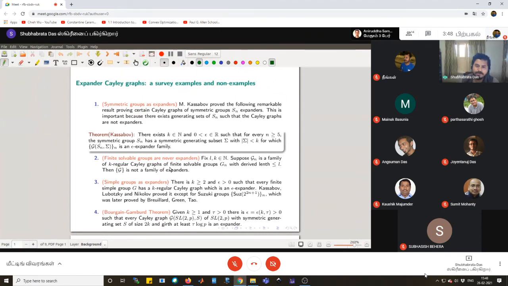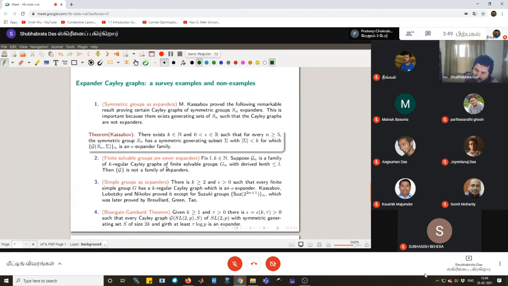Now these groups, finite solvable groups, are amenable groups, and we can use the same method to prove that they cannot give rise to expanders. Or there are other probabilistic proofs available for this kind of situation, where people say that if we start a random walk on these groups, which are of increasing size, then there is a characterization for amenable groups that there will be a certain return probability.